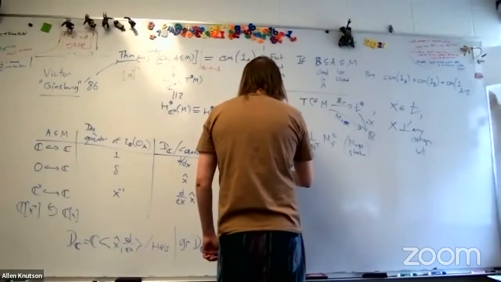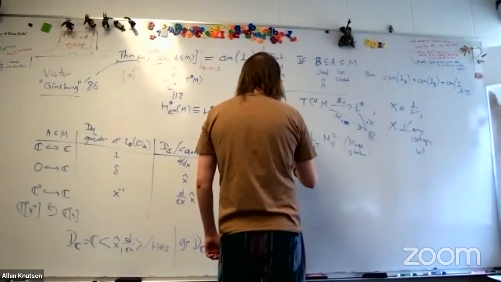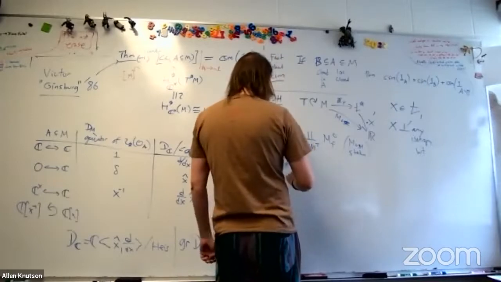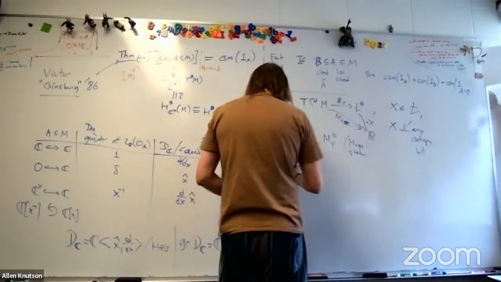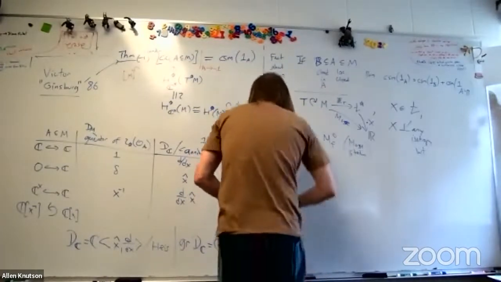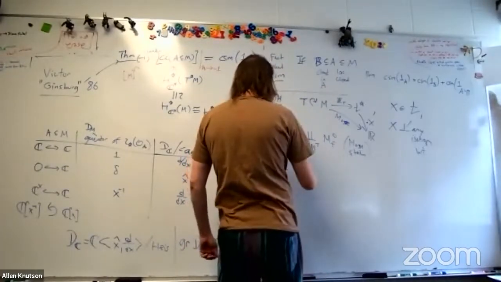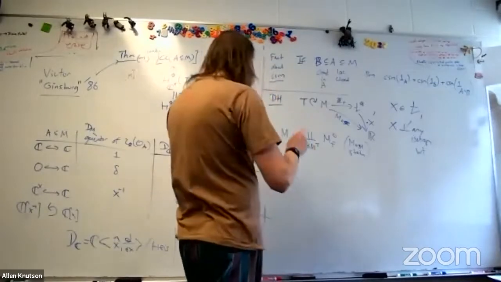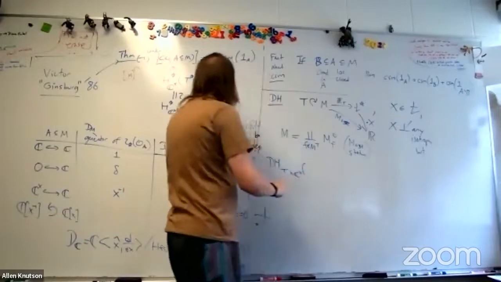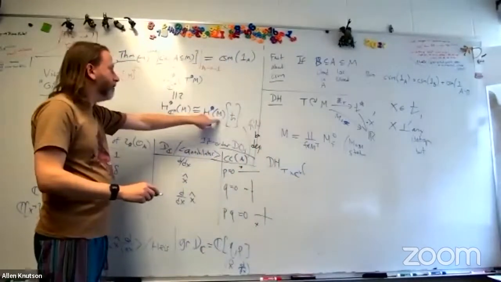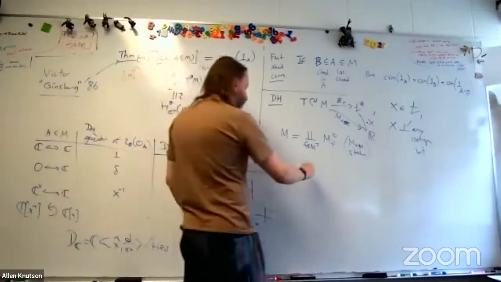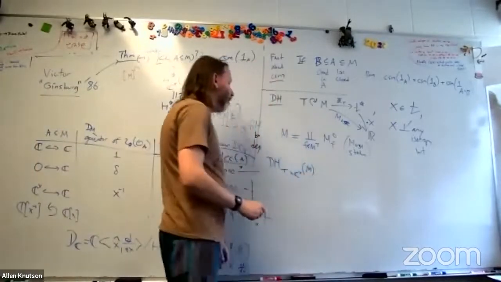I'm thinking about the Duistermaat-Heckman function or Duistermaat-Heckman measure associated to M. And let me put this T here, and I'm going to include this extra circle action, the stupid one that didn't act on M at all, but will act on the cotangent bundle.